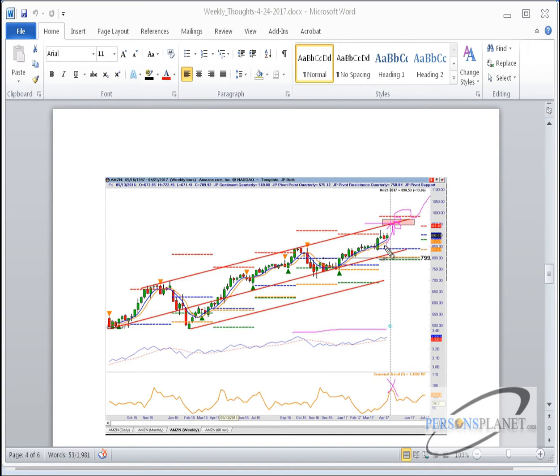We actually had two ways to play this. One in the trading room, which we took a live long trade, and then one afterwards. Amazon hit 953 the day after earnings and has subsequently sold off, which is what we were looking for.